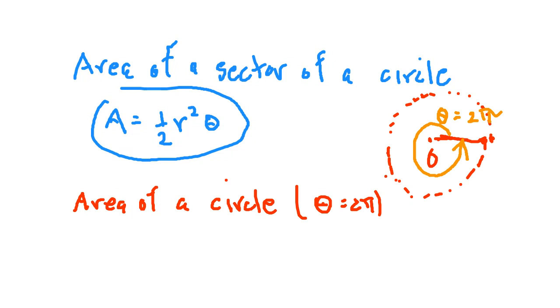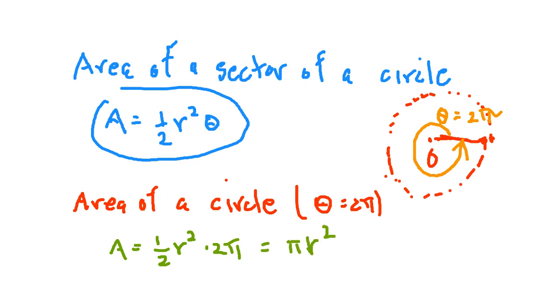Then the area would equal 1/2 r squared times 2 pi, and that is just pi r squared.